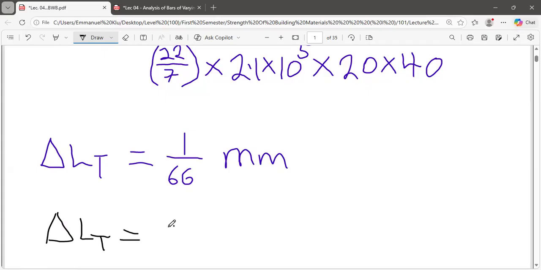The 1/66 is the same as 0.0115. We can just end it here, millimeters. As simple as that.